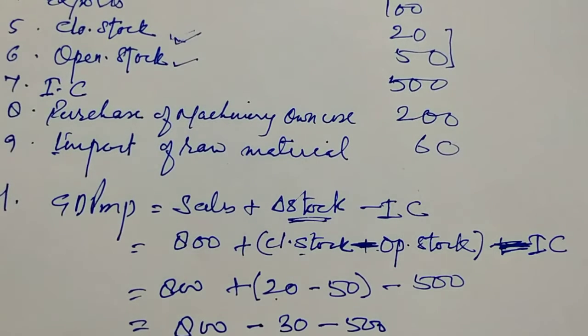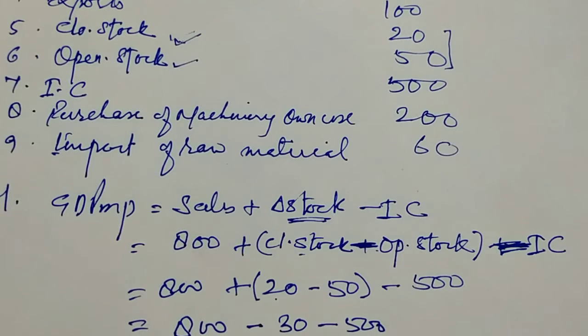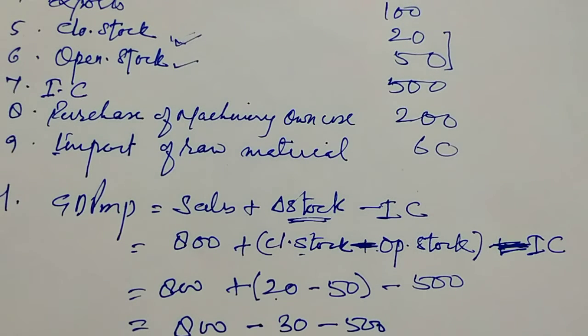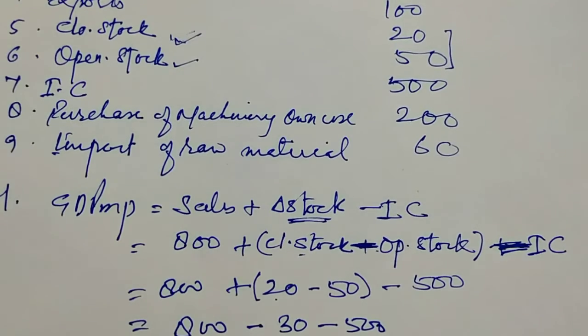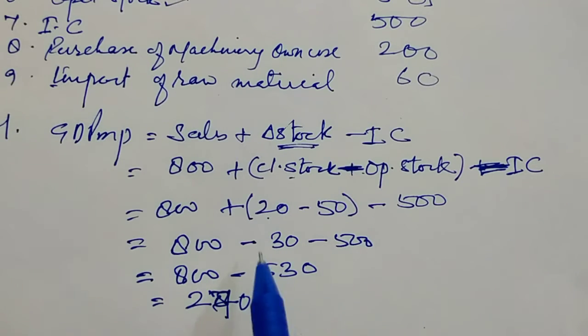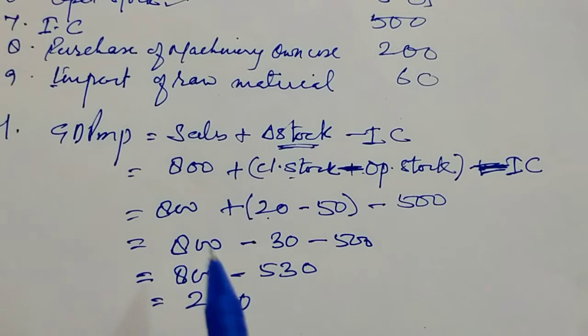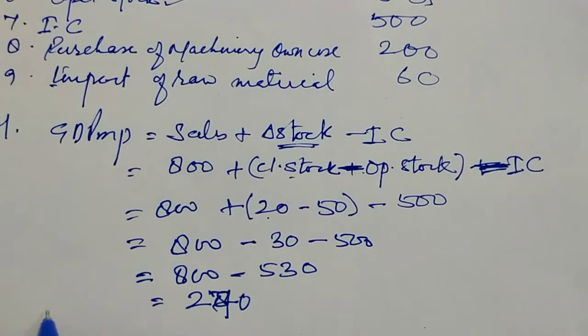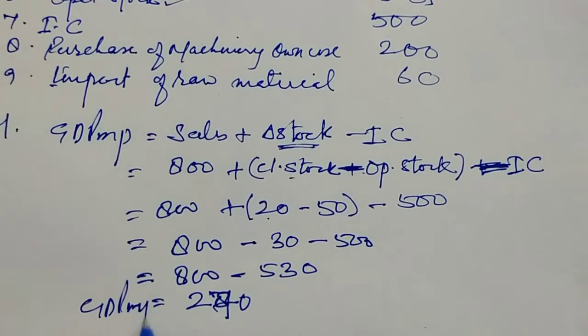I hope there will be no doubt. So 800 minus 530, the value will be 270. So this is GDP at MP.